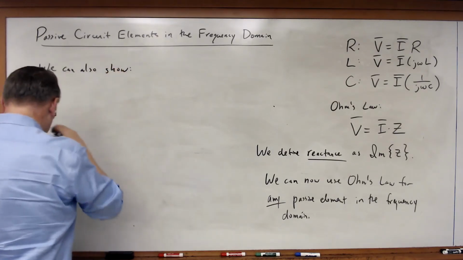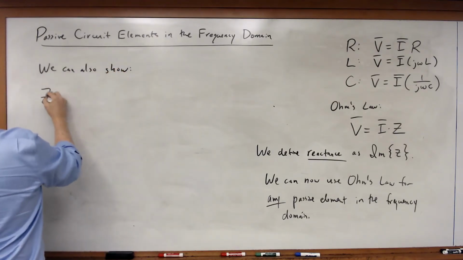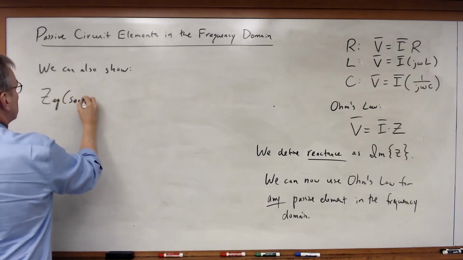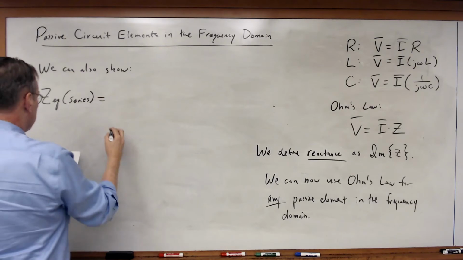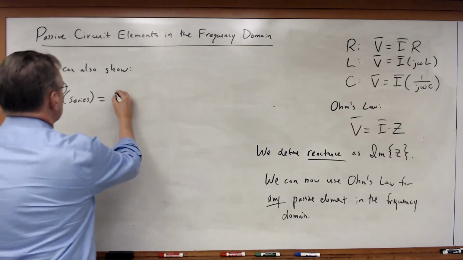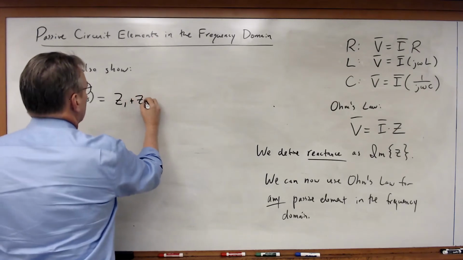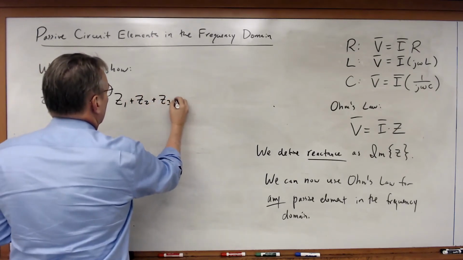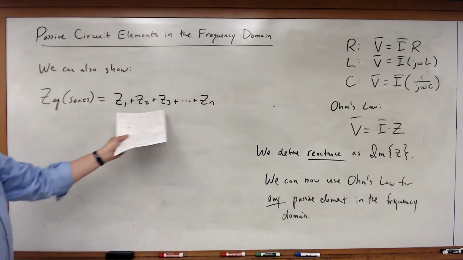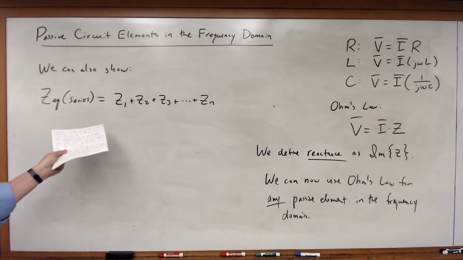So we can show this is true, that if I'm combining impedances in series, the equivalent impedance is just going to be equal to the sum of the impedances. So impedances in series combine just like resistors.